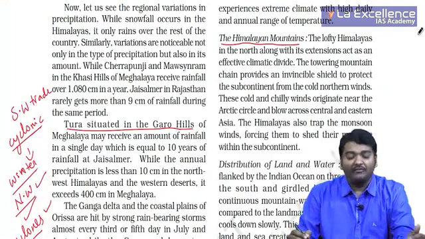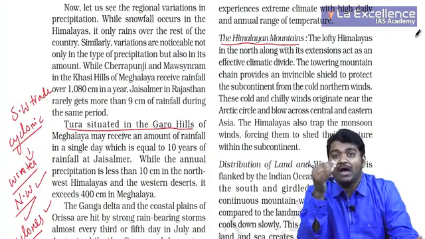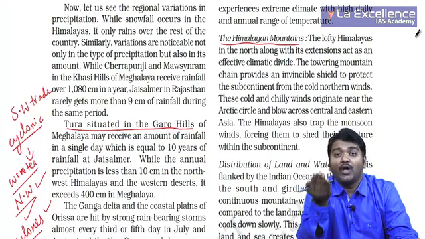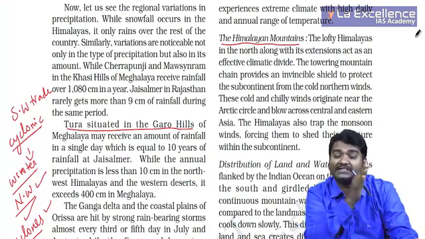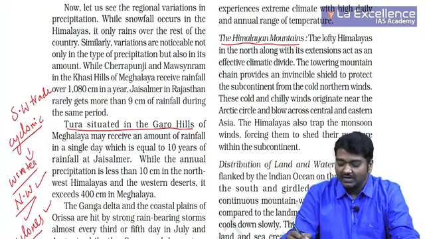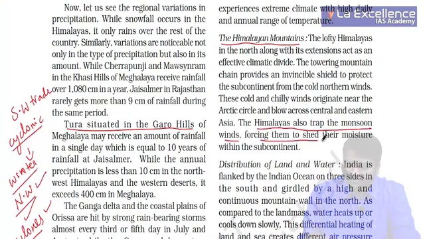And when we talk about the monsoon as well, as you have the Himalayas, the southwest monsoons go and hit them. They also give enough rainfall to several rivers which originate in that place. So it's very, very important for us to understand that the Himalayas trap the monsoon winds, forcing them to shed their moisture within the subcontinent.